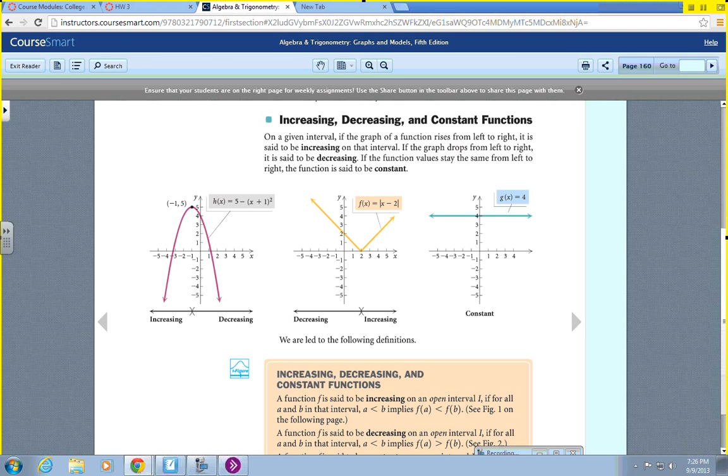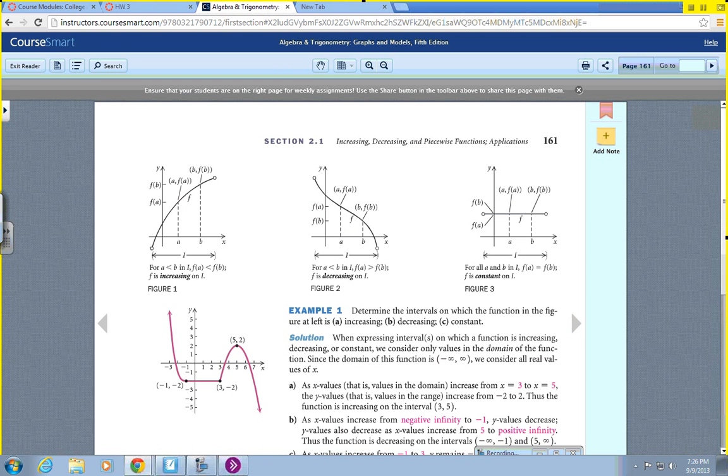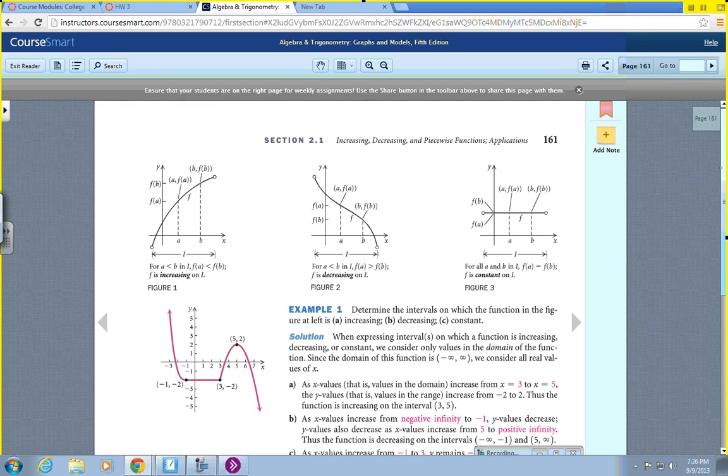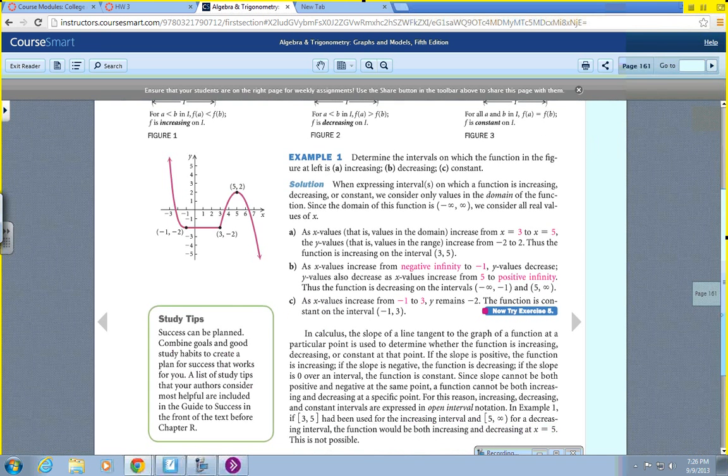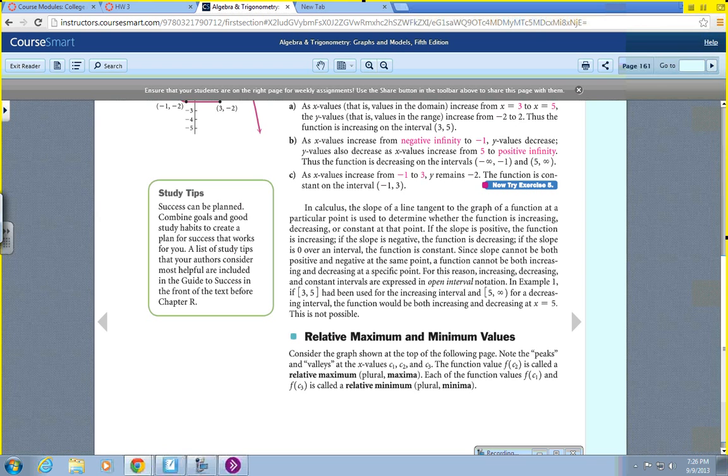In Calc 1, you'll be able to look at the function as an expression and predict when it's increasing and decreasing without looking at the graph. Or maybe you can graph it if you know when it's increasing or decreasing. But here, just look and see what's going on. There are examples, so you are on your own there. You just read it. It's not that complex. There are a lot of words, but okay.